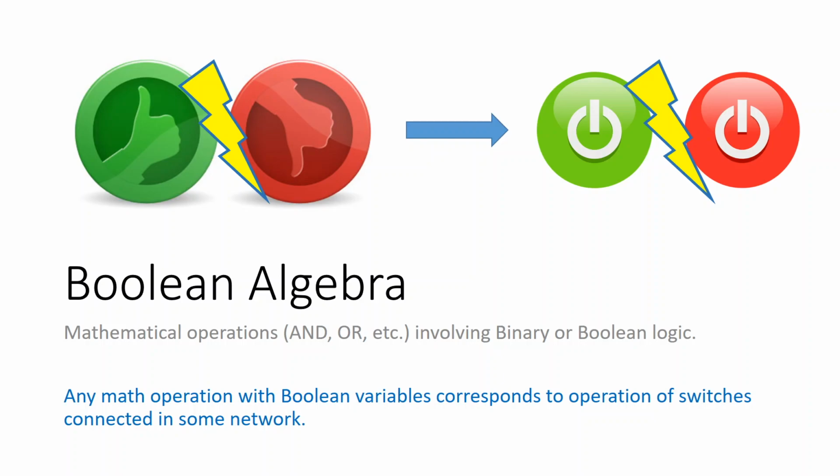So that is what happens. The mathematical operations with the Boolean variables now correspond to operation of switches connected in some network in the computer. So the entire mathematical operation using the Boolean variables, using AND or this sort of logical operators, that same thing would be like a network of switches in the computer.